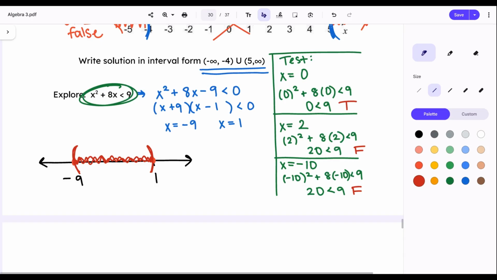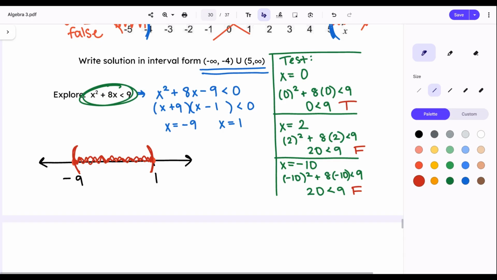Now let's think about how we would write this in interval notation. How would you write this with the correct numbers and symbols? Okay, we know we have parentheses. Do we include negative infinity? No. Where are your solution sets at here?